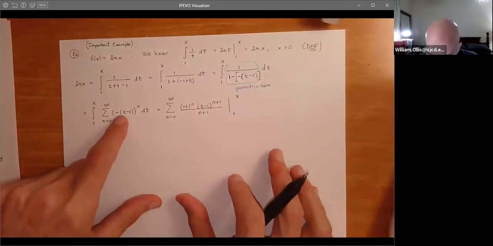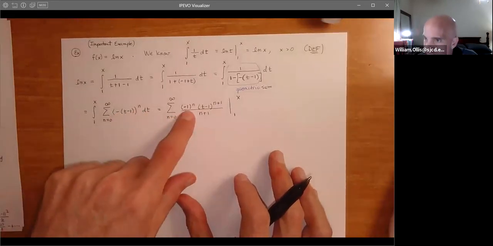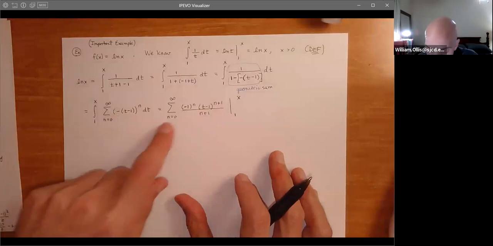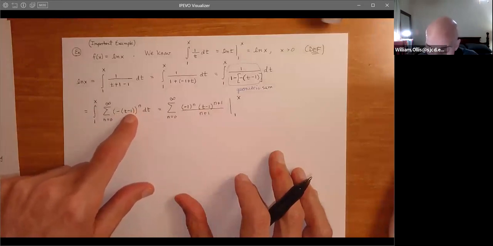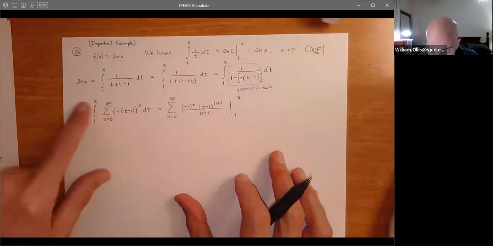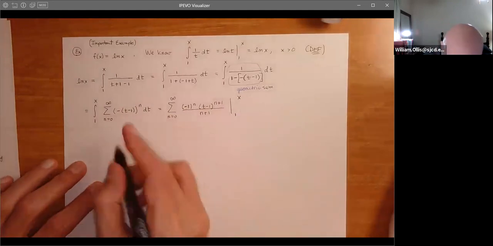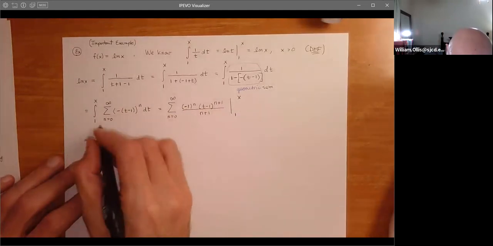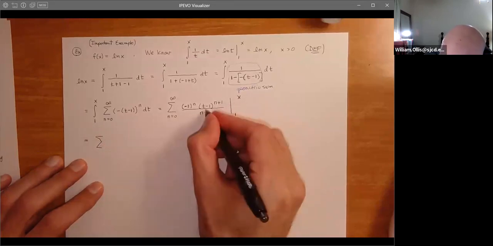So again, just go ahead and pull off the minus 1 to the n right here, just to write it to the side so it's easier to compute with. And then when we integrate the power function, add 1, divide by the new power. So we can integrate term by term, and now the fundamental theorem of calculus. So this will give us, let's substitute x for t.